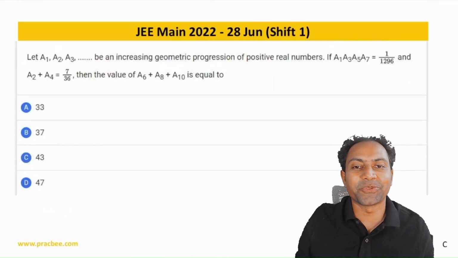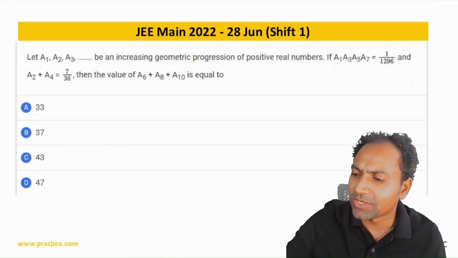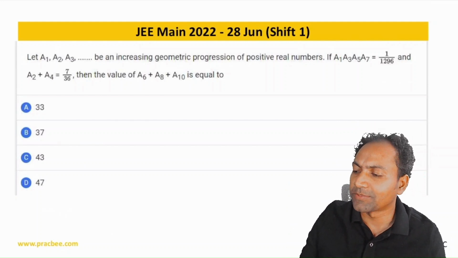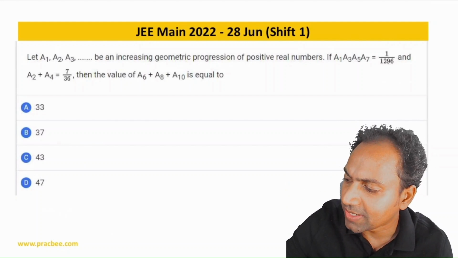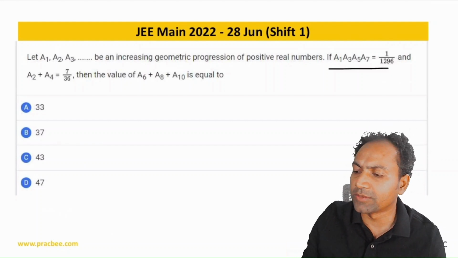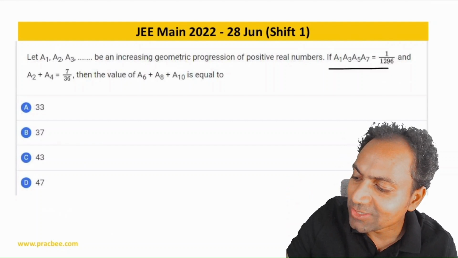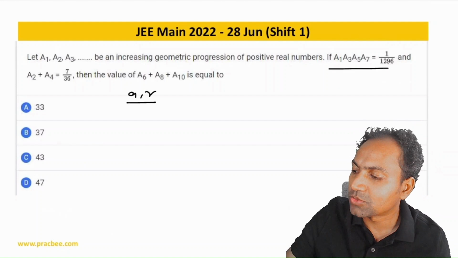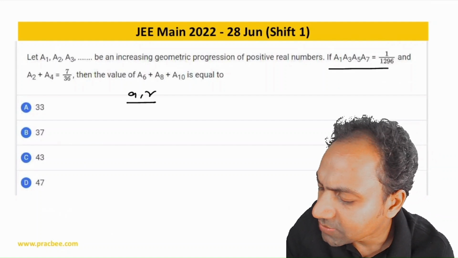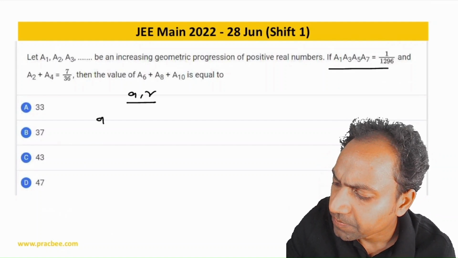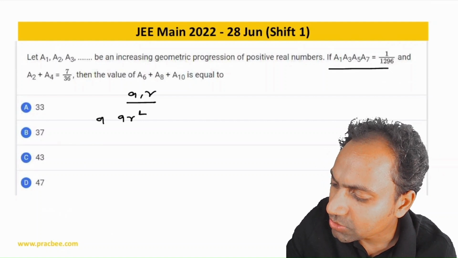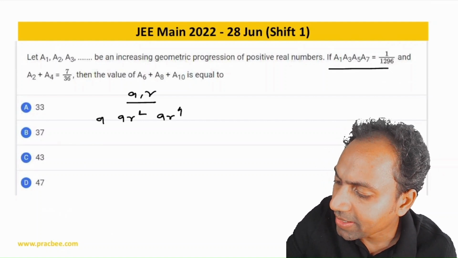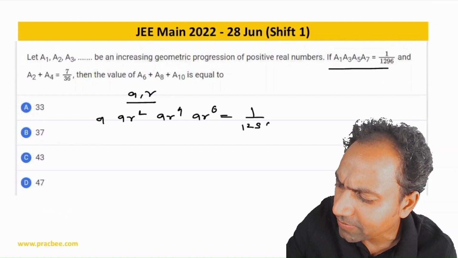Now let us look into this next question. Quite simple question. What you have to do is just substitute the value and get to the answer. So now they have given this condition and all the terms are in geometric progression. So we can assume a and r in this question. So if I write this first condition, it becomes a into ar square into ar raised to the power 4 into ar raised to the power 6, and is equal to 1 by 1296.